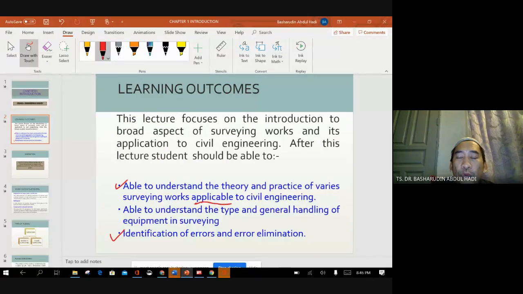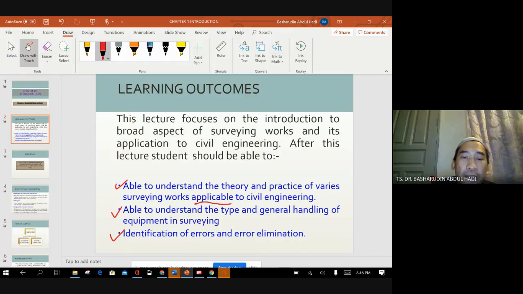What kind of project should it relate to? For example, leveling is used when you want to do earthwork for a canal, earthwork for a highway, for roads, bridge projects and so on.